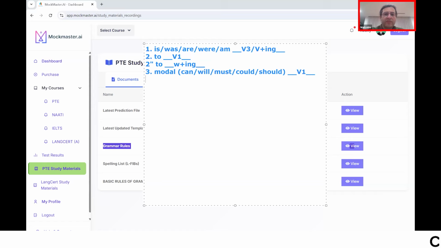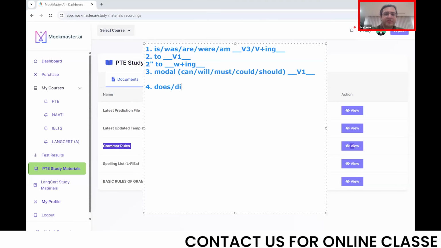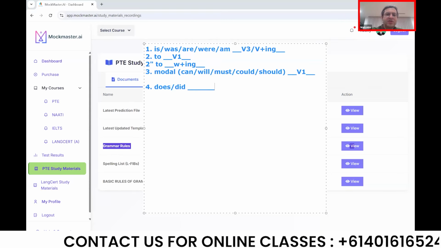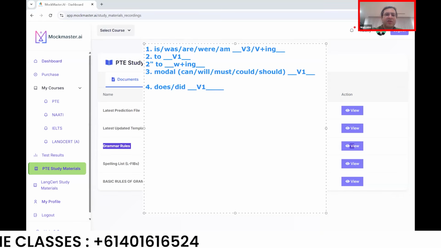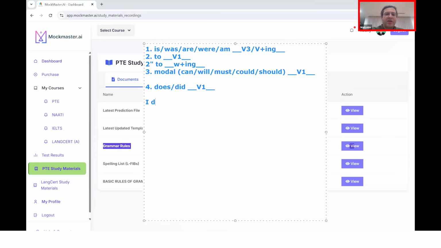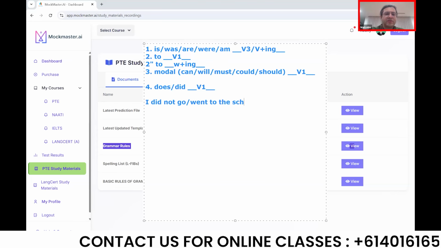There's also another rule that after words like does, did, you always need V1. For example, I did not go to the school yesterday or went to the school yesterday. Which is the correct answer?